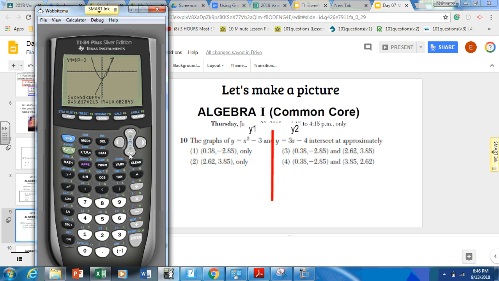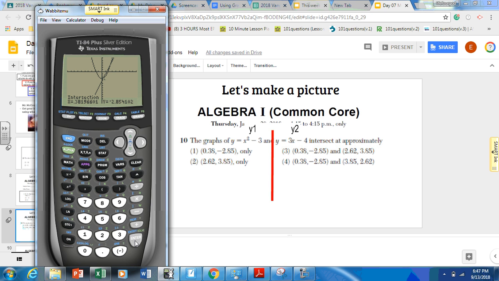Okay, so right here, I'm toggling back and forth between the Y1 and Y2. I really want the Y2. And, okay, so we got 2 points near that second intersection. And that second intersection is 0.38 when x is y, when x is 3.8 and y is negative 285.